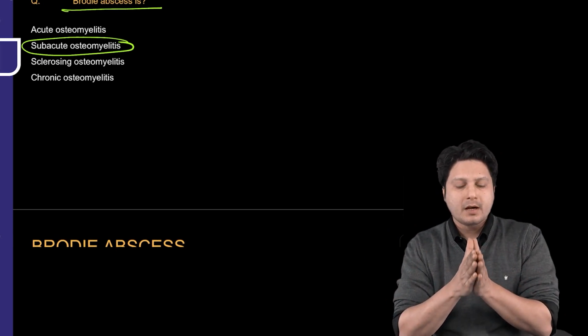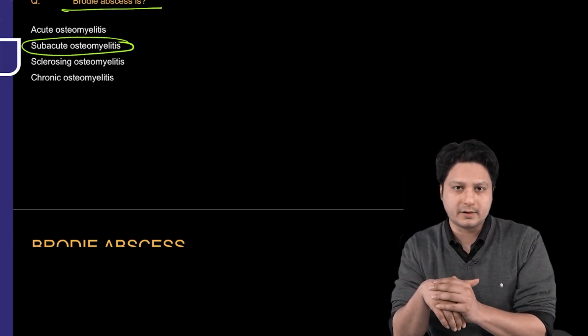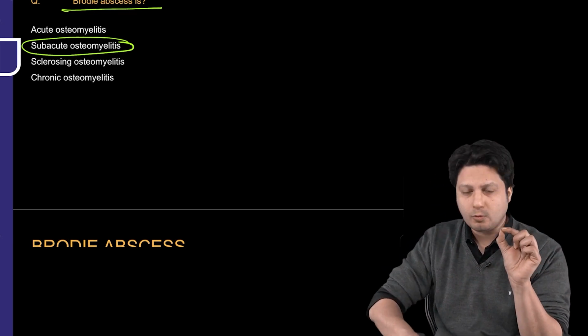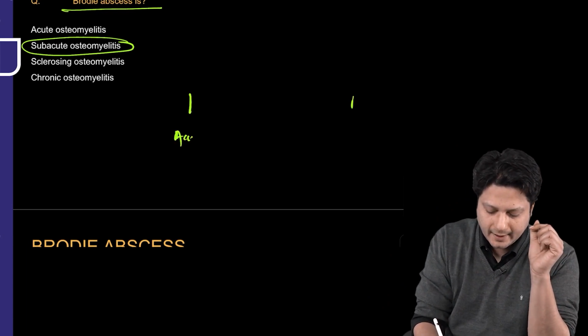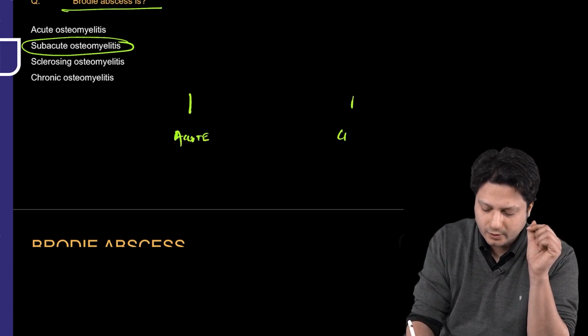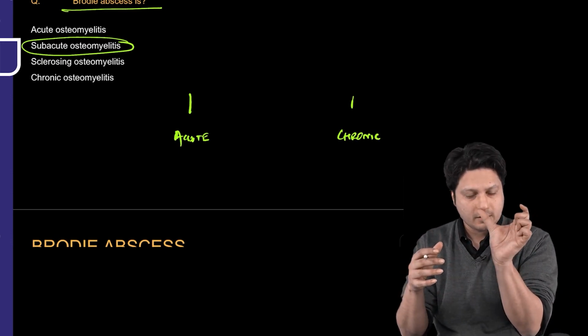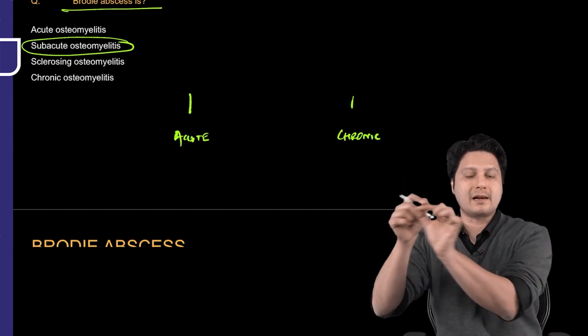So obviously, none of the options provided was the answer, subacute osteomyelitis. But you have to choose one answer. So in order to mark the correct answer out of the two ends of the spectrum, that is acute and chronic, you just have to work out which end this subacute is more inclined towards.